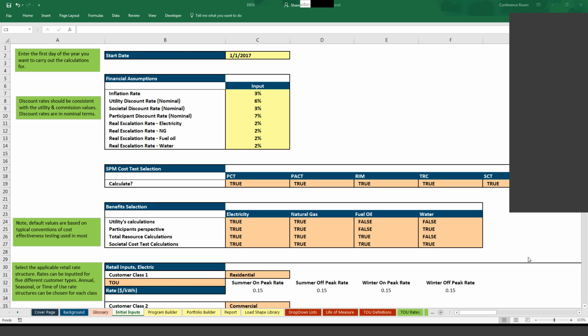I guess at one point, just out of curiosity, I tried to classify the variance on the total resource cost tests that were applied out there, and I think I came up with at least a half dozen different variants. It's along the lines that Snu just described, whether or not they include fuel oil, for example, or water.